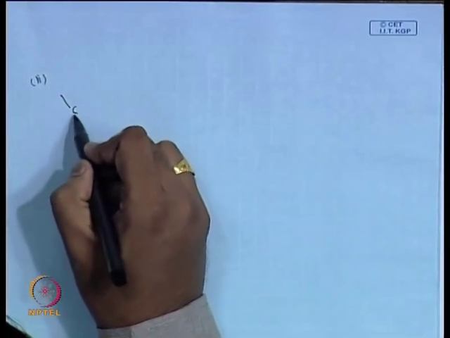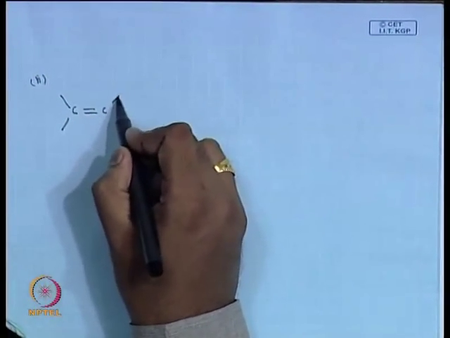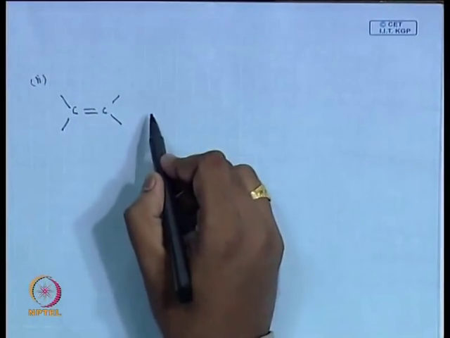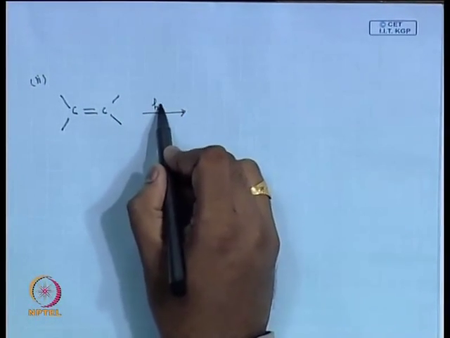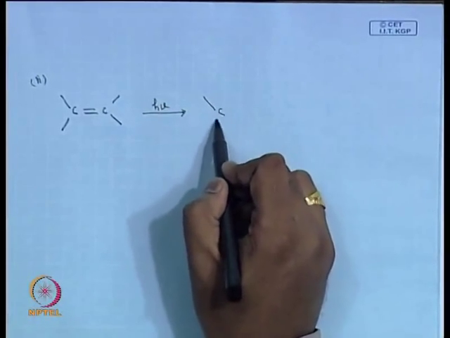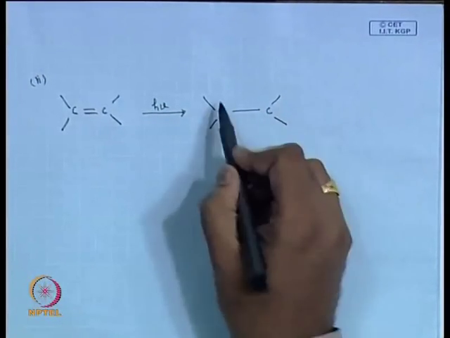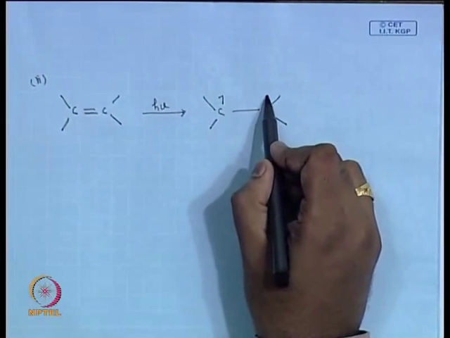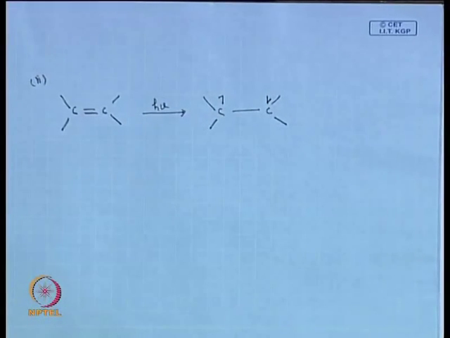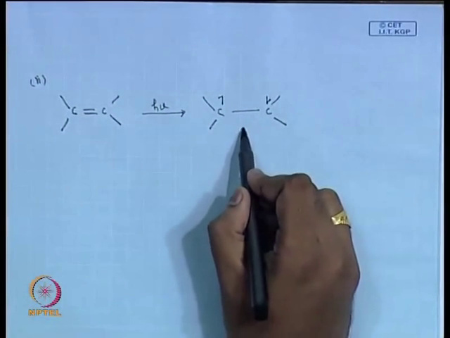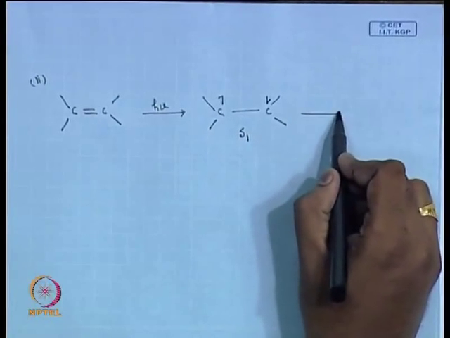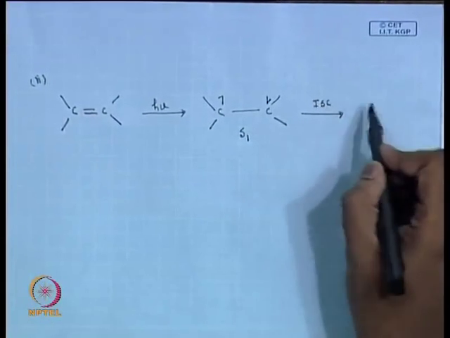The second point is that, keeping that in mind, if I take my alkene and do the photolysis, as you said, it can undergo a singlet, S1, then it undergoes an intersystem crossing.